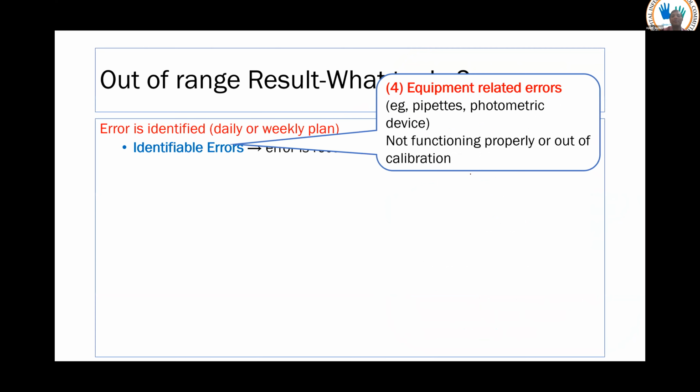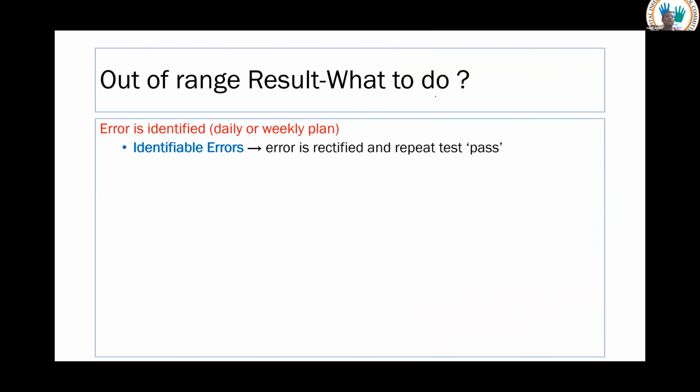The classical example is the pipette you use for taking the broth, or the photometric device you use for the densimeter checking, if not functioning properly. If the cause is identified, the problem is minimal, because the error can be rectified and the daily or weekly plan can be started.